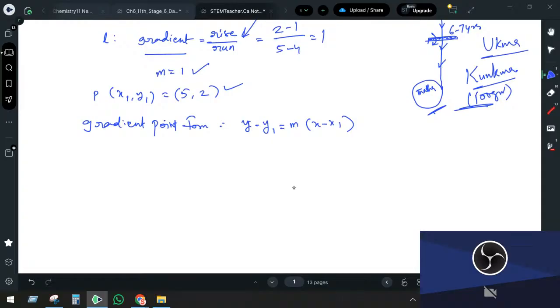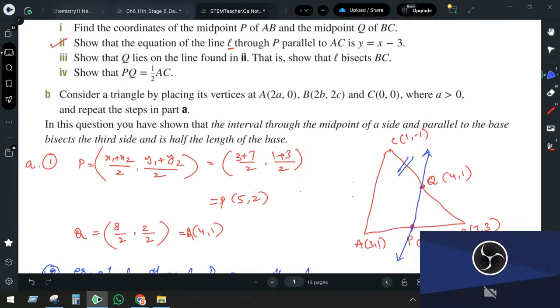Here your gradient is m, so y minus 2 equals 1 into x minus 5, which is nothing but y equals x minus 3. This is your equation.